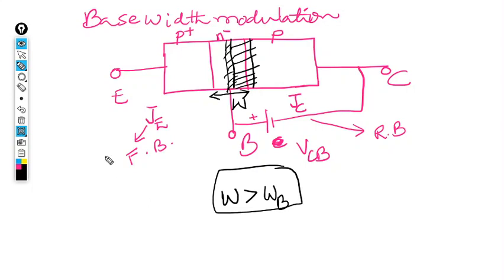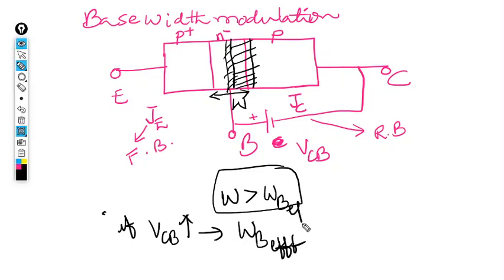That means if VCB increases, the effective base width WB effective decreases. By changing this reverse bias voltage, we can change the effective width of the base.